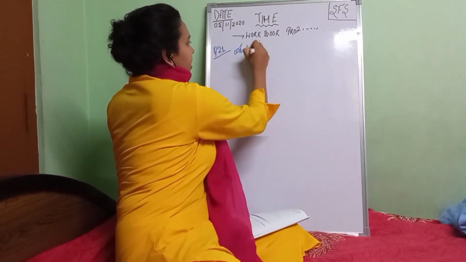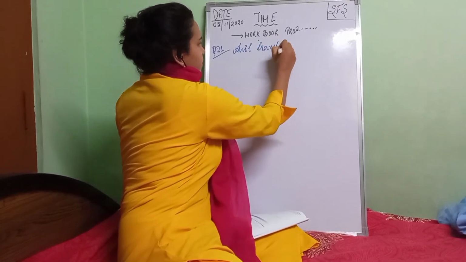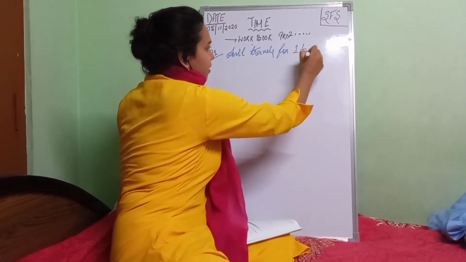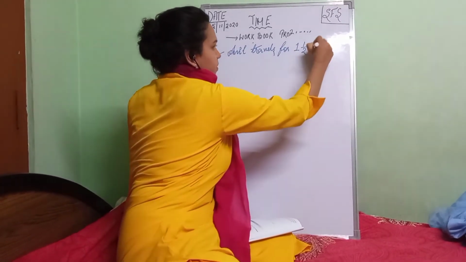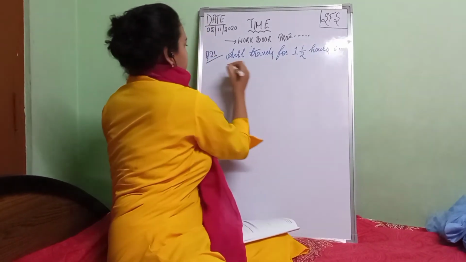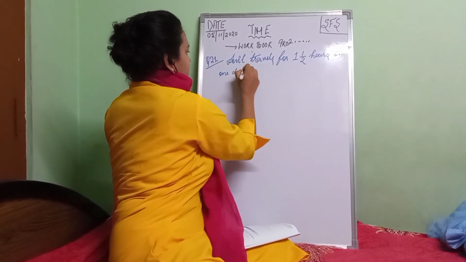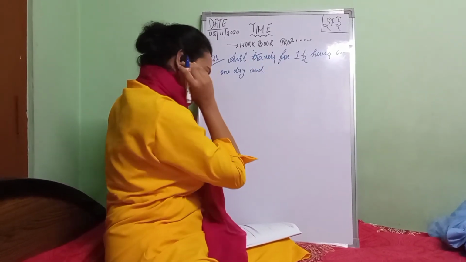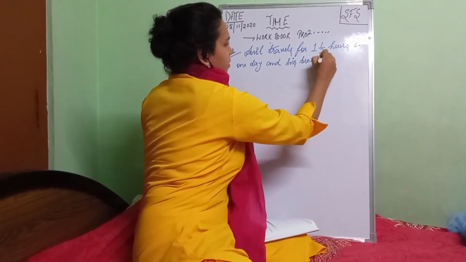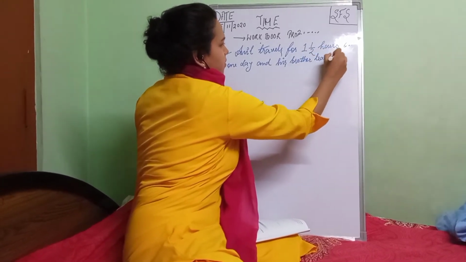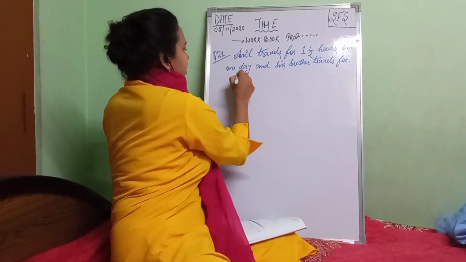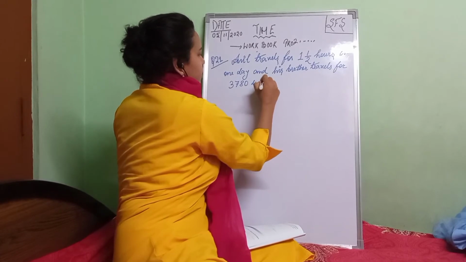A person named Anil travels for 1.5 hours on one day and his brother travels for how many seconds? 3780 seconds.